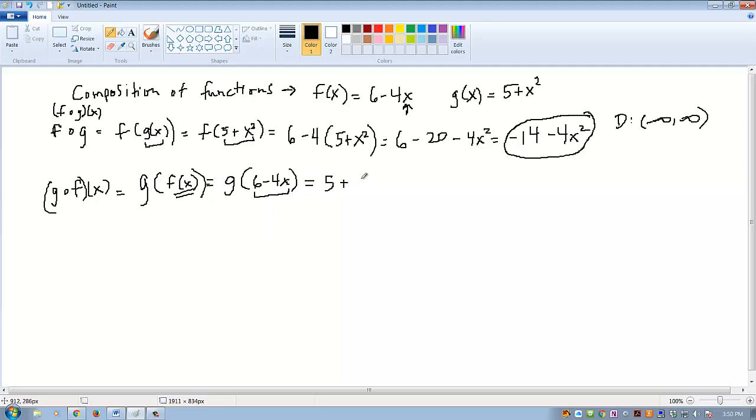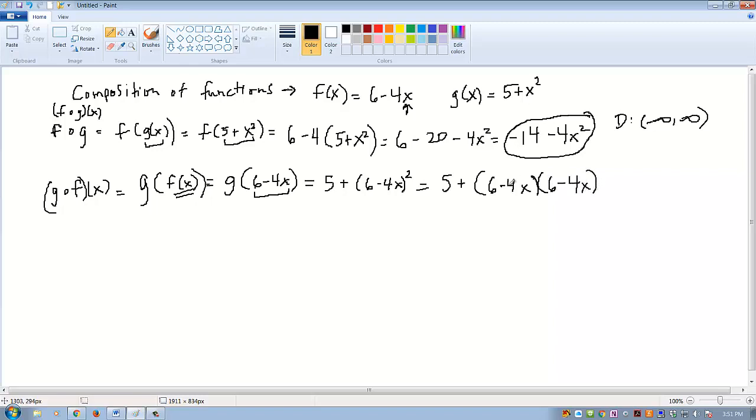We got 5 plus, and now we have our x, and this is 6 minus 4x squared. This is kind of hard because we can't just distribute the squared. This is the same thing as saying 5 plus 6 minus 4x times 6 minus 4x.